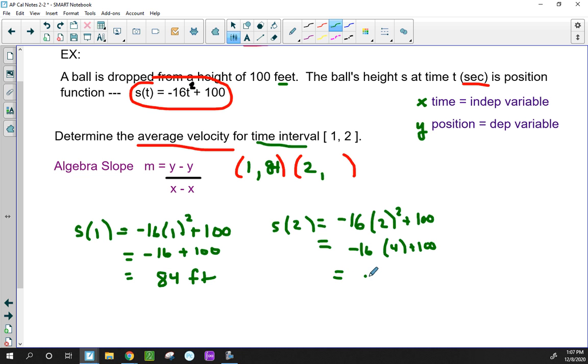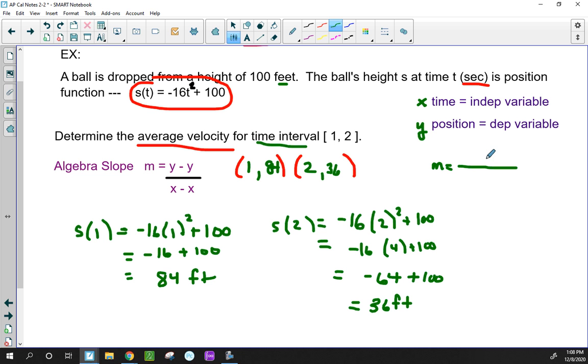And that's going to be negative 64 plus 100. So I'm getting a 36 back, 36 feet. That's how far above the ground the ball is going to be after 2 seconds. Again, the question's saying determine the average velocity. So now to finish the problem, we go back and we find the slope, velocity slope.